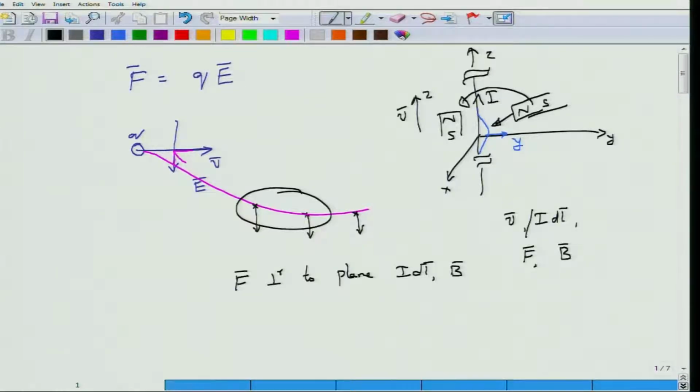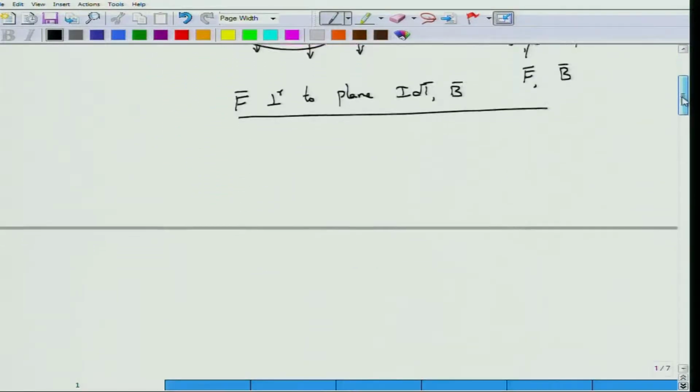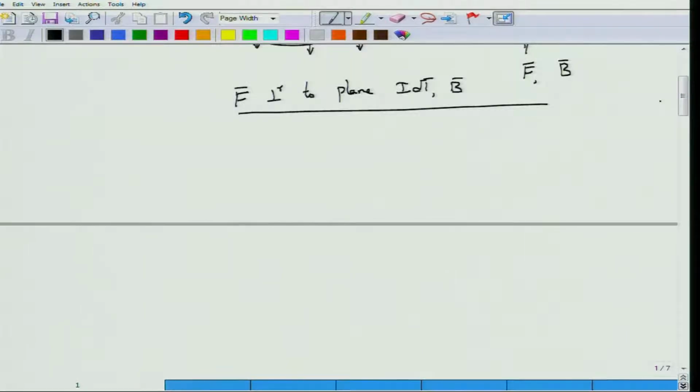So, we have not had an opportunity to discuss conceptually the case where the force could be perpendicular to 2 vectors, and to deal with that we need to expand our vector analysis to consider what is called the cross product of vectors. We will come back to the force acting on the current element and this vector B and talk more about what vector B is, but first we need to introduce the concept of cross product.